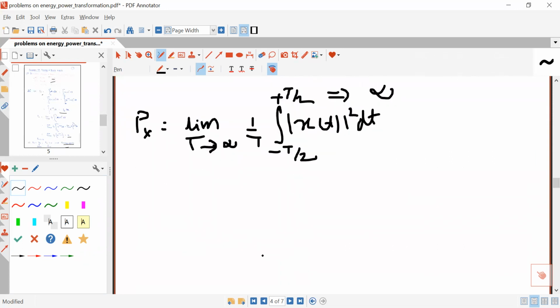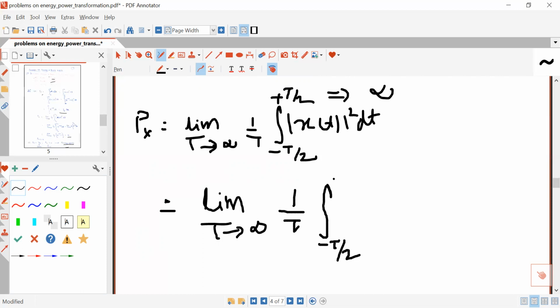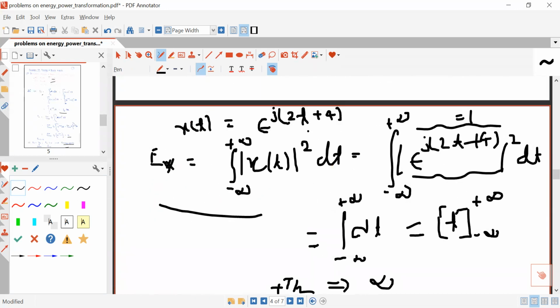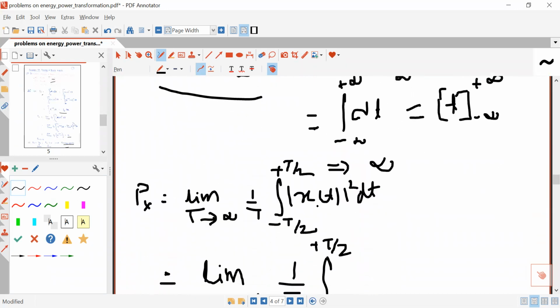Now, when you substitute the value of x(t), you will get the limit T tends to infinity of 1 by T, from minus T by 2 to plus T by 2, and the mod of this signal x(t) will be 1, 1 squared dt.